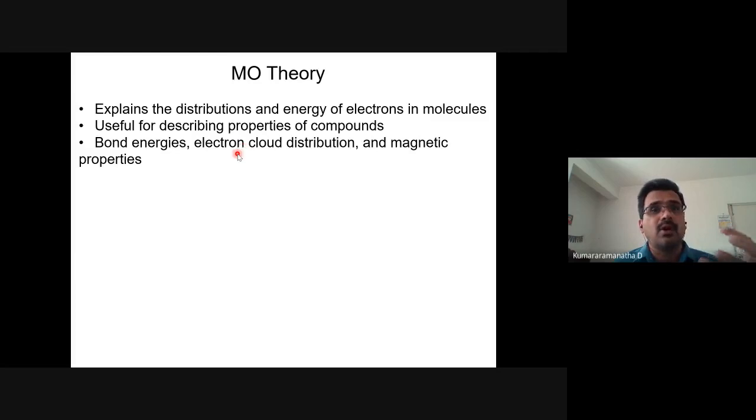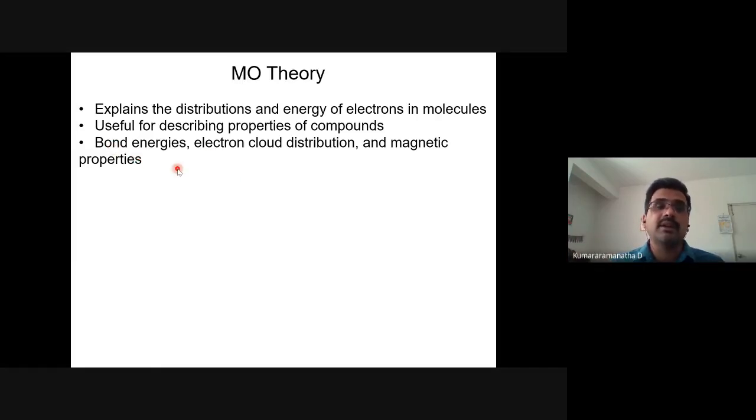Stability of the compounds can also be analyzed, whether diatomic or multiatomic molecules. Even for a molecule in compound form, you can discuss properties, for example optical property or magnetic property. All these things can be helpful.